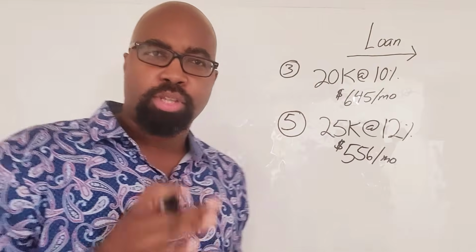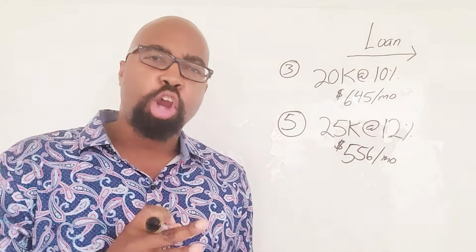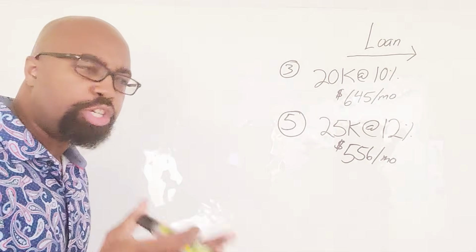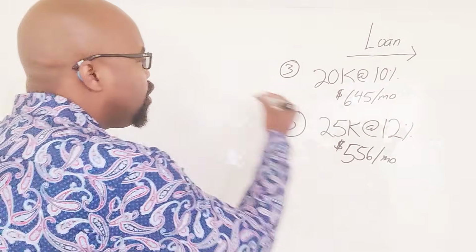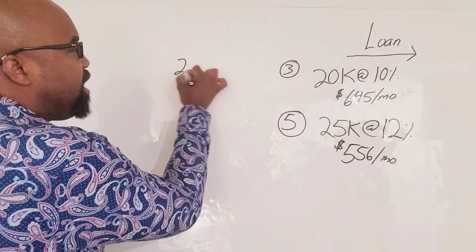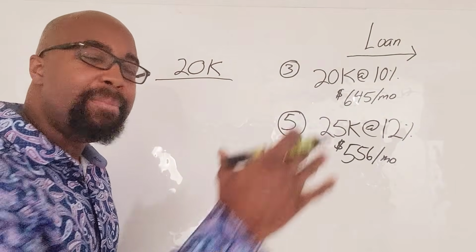Now, remember I was talking to you about the cash flow indicator method? How you determine the cash flow indicator method is like this. What you're going to do is you're going to take your loan balance, which this one's going to be $20K, and then you're going to be dividing it by the minimum monthly payment.